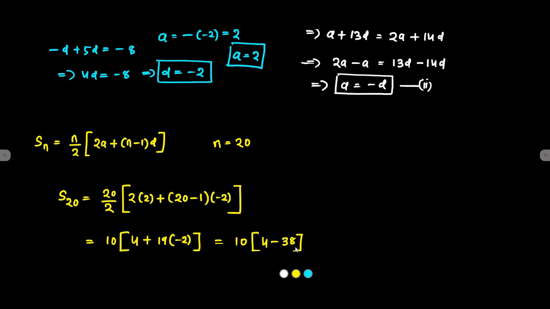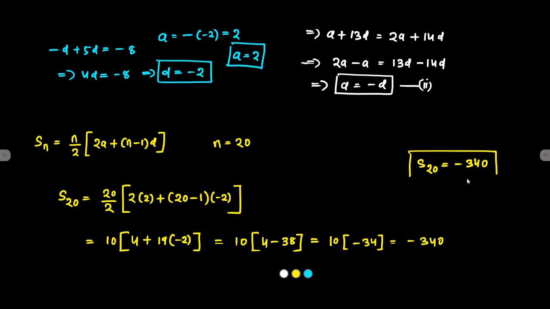So 4 minus 38 is equal to minus 34. So this is equal to 10 into minus 34, which is equal to minus 340. So the sum of the first 20 terms of the AP is equal to minus 340.